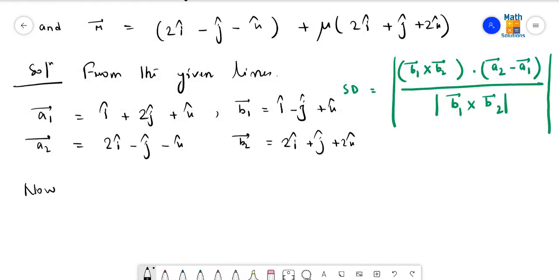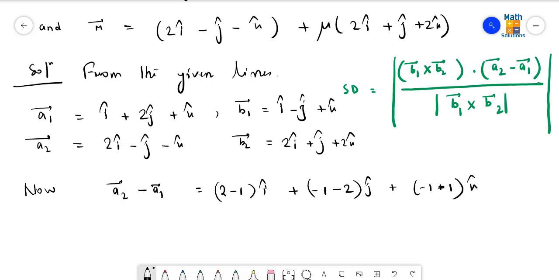Now vector a2 minus vector a1 is equal to (2 minus 1) i cap plus (minus 1 minus 2) j cap plus (minus 1 minus 1) k cap. So for a2 minus a1 we shall be getting the result i cap minus 3j cap minus 2k cap.